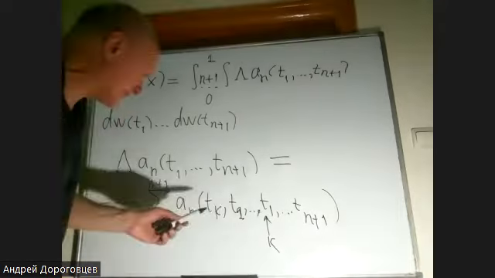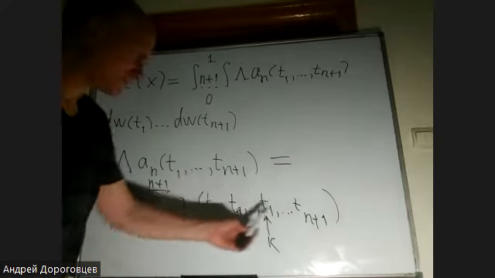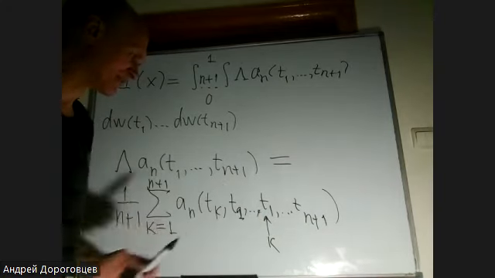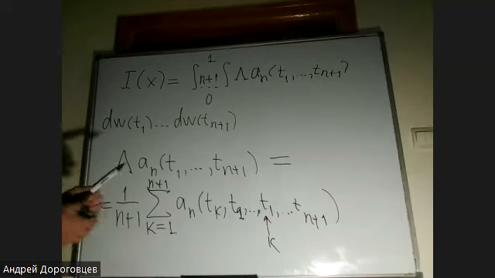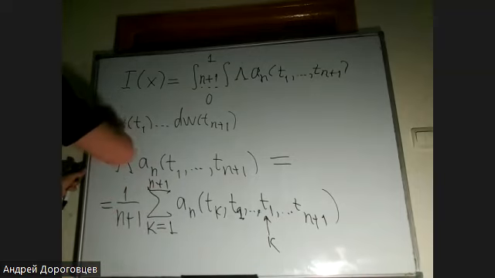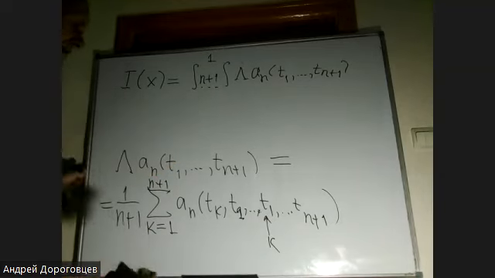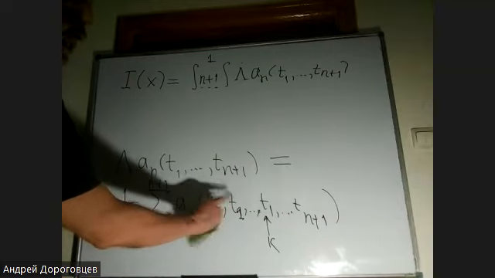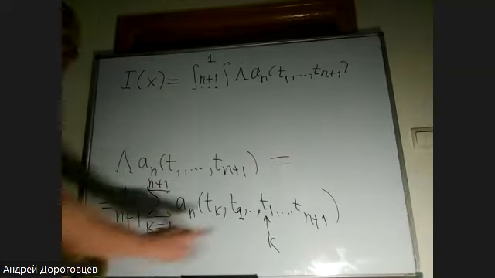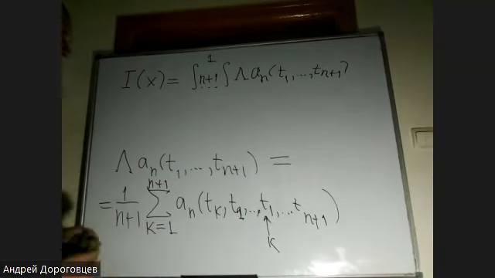Now I will use this because here we have symmetry with respect to all other variables, and maybe it is enough to change the two first variables, because here it does not matter where t1 is placed.